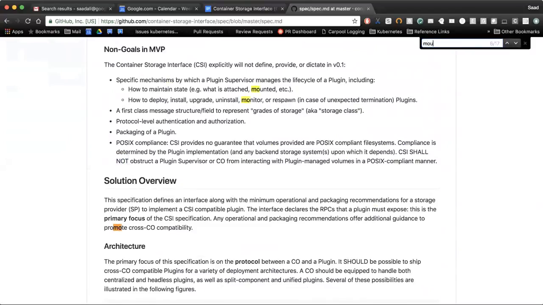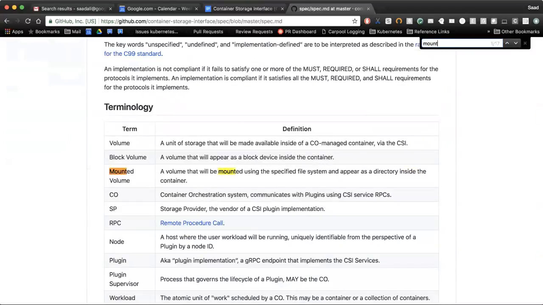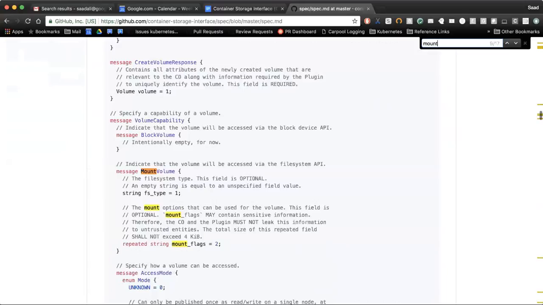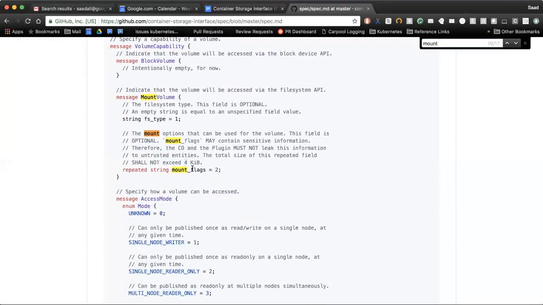And I thought, yeah, I guess we didn't support that, we do have mount flags. Yeah, we'll have to sync back with Hemant to see what his intention here was. Maybe mount flags is insufficient or it's not being implemented correctly in the CO.